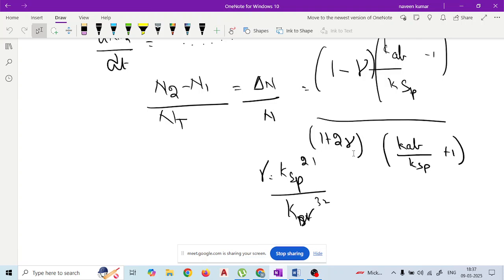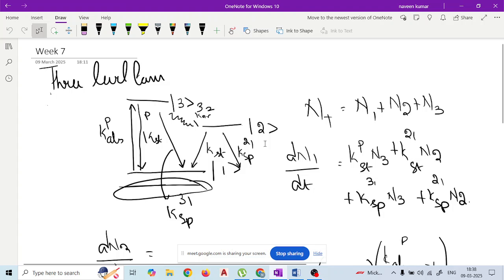So right now we are discussing why the gamma function has to be less than 1, and why the non-radiative rate has to be greater than the spontaneous one, and what exactly the reason is behind them. The spontaneous rate K_SP is basically the rate at which the molecules in level 2 are coming down, and it is proportional to that rate.